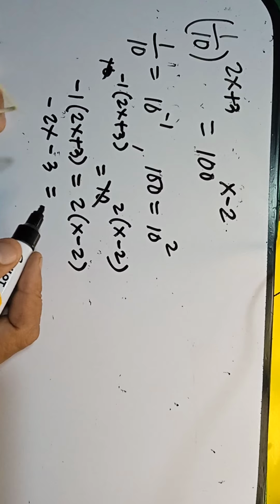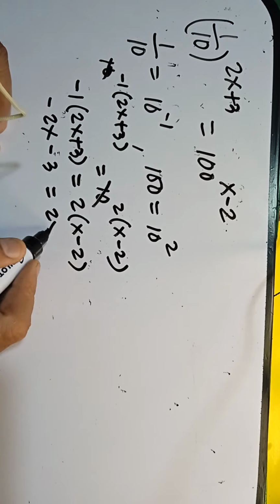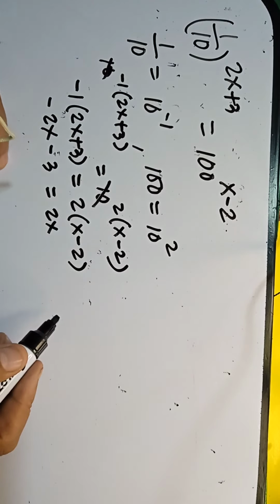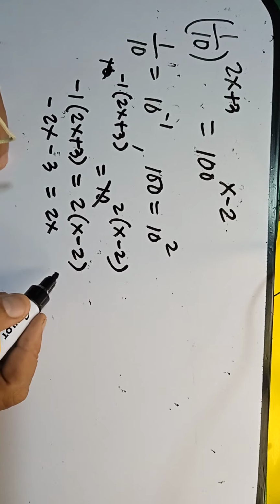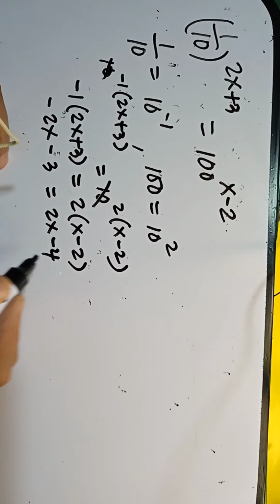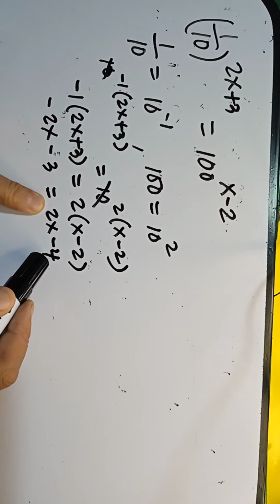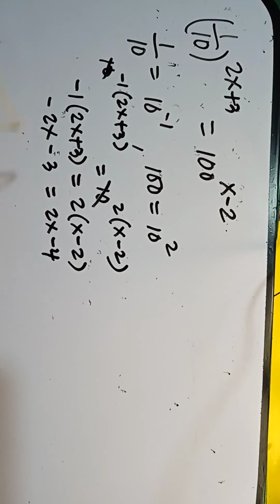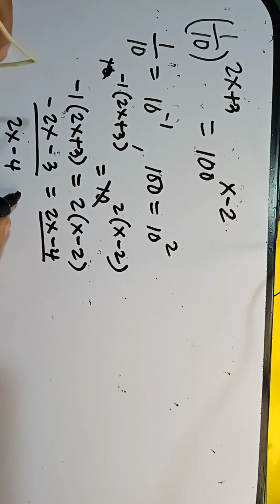And 2 times x is 2x, and 2 times negative 2 is negative 4. So I'll have it using the commutative property. We have 2x minus 4 is equal to negative 2x minus 3.